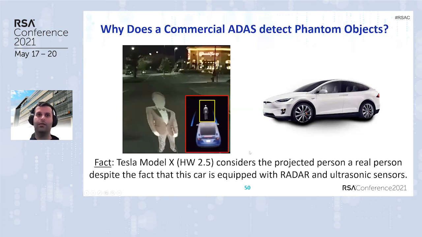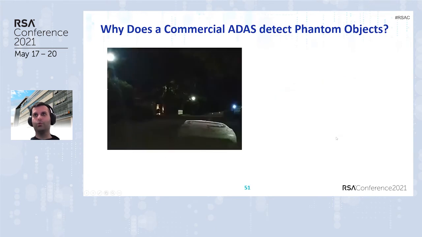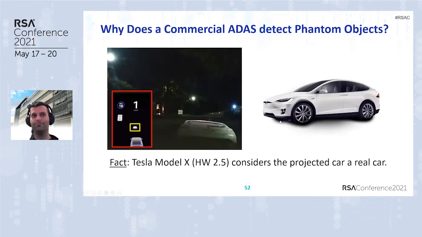Tesla Model X. And we repeated the same experiment, however, this time with a projection of a car on the road. And again, here's a fact: Tesla Model X with hardware 2.5 considers the projected car a real car. This is despite the fact that a car has a greater radio signature than a pedestrian.